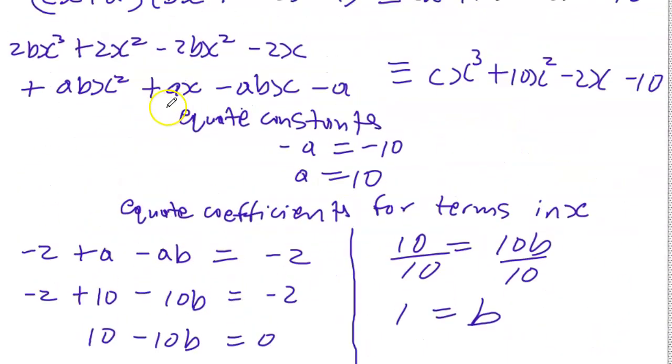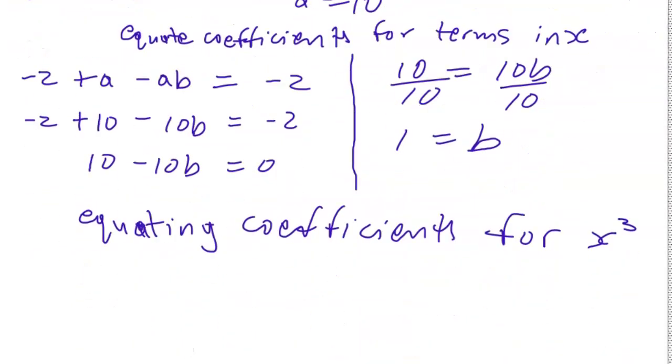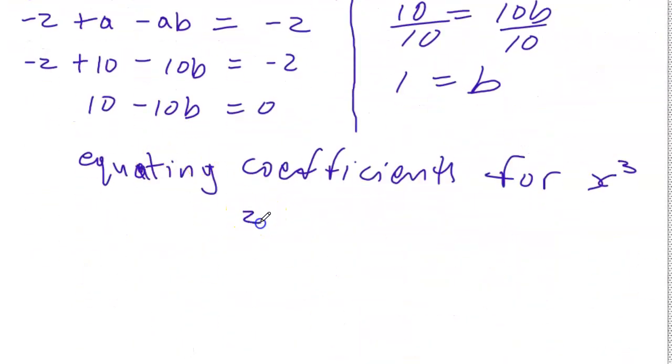For x cubed, on the left hand side, the coefficient here is 2b, and on the right hand side, the coefficient here is c. So it's 2b equal to c. But remember the value of b is 1. So 2b would be 2 times 1. So the value of c is 2. And that's it.